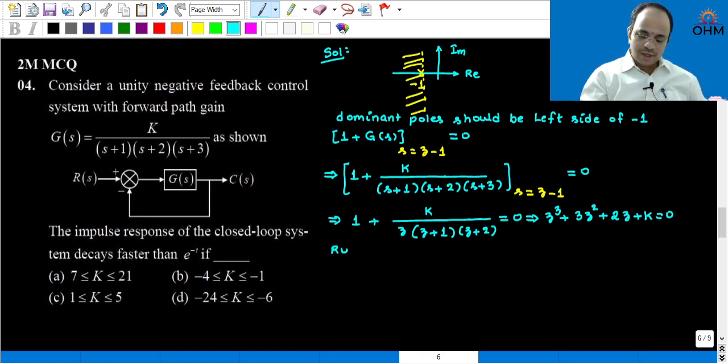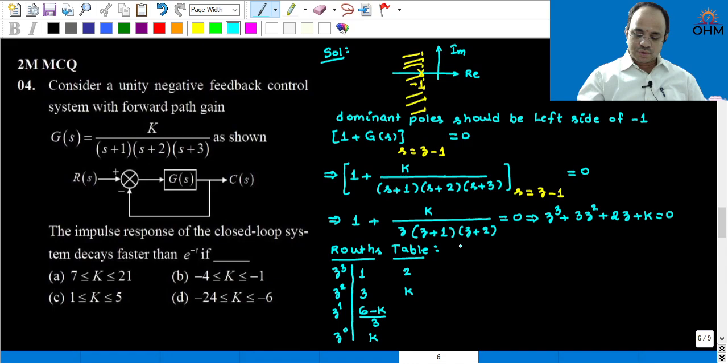Now, for this particular new characteristic equation, if you define the Routh table, the row corresponding to z cube is 1 and 2, z square is 3 and K, z power 1 element is (6 minus K) divided by 3, and z power 0 element is K. So, for the new system in the z variable to be stable, in other words, for the characteristic equation in the z variable to have roots in the left hand side, what is the condition here?